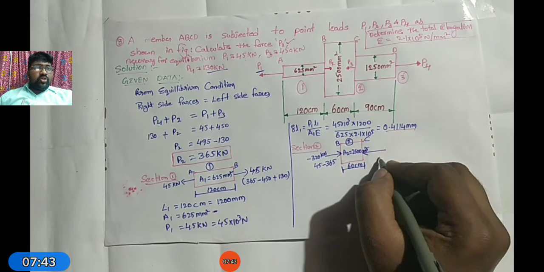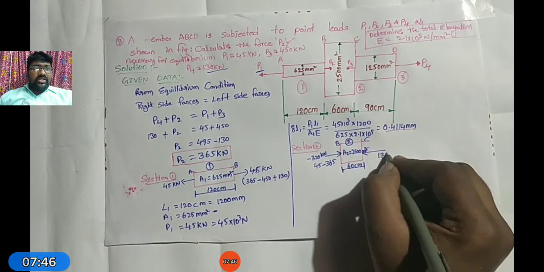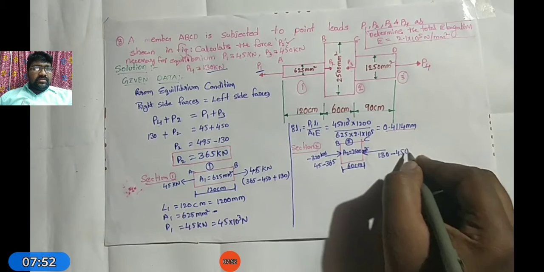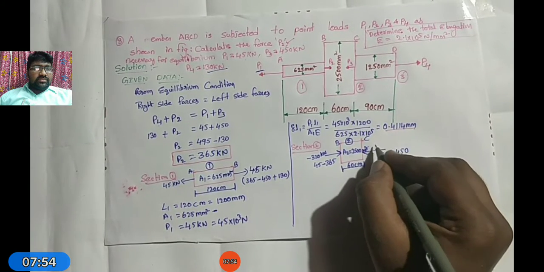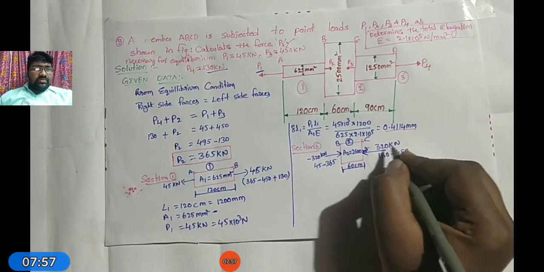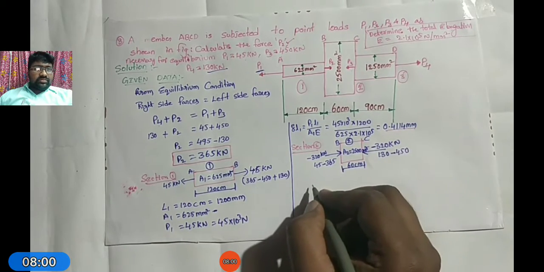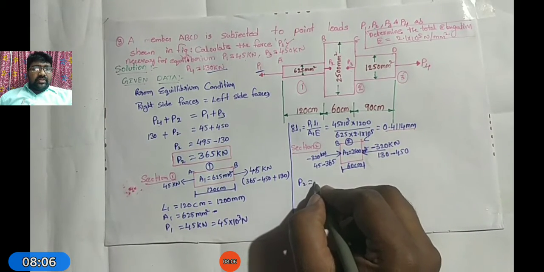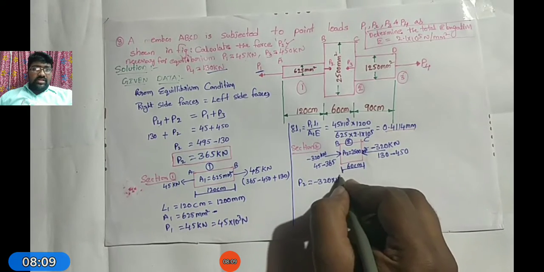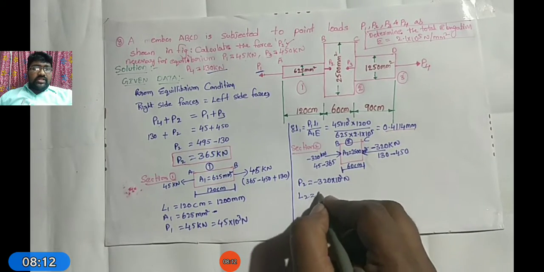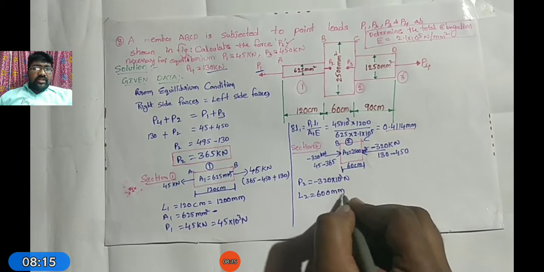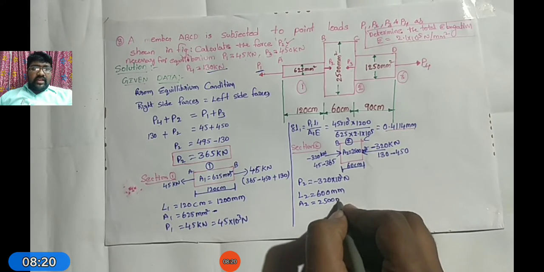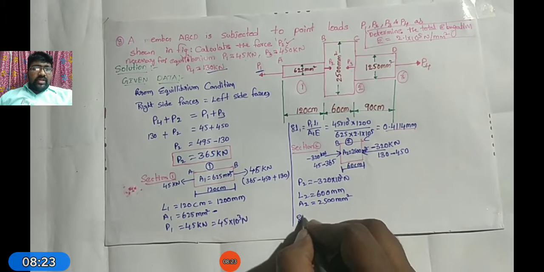Similarly, here P4 minus P3, because P4 is tensile and P3 is compressive. P4 value is 130 minus 450, we get load as minus 320 kilonewtons, that is minus 320 into 10 cube newtons. Length is 60 centimeters, convert into millimeters, we get 600 millimeters, and area is 2500 millimeters square.